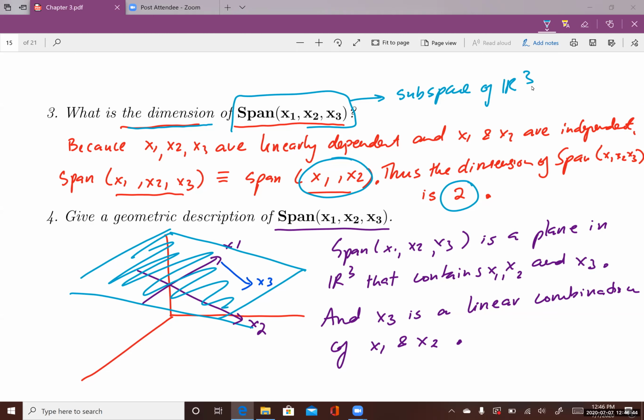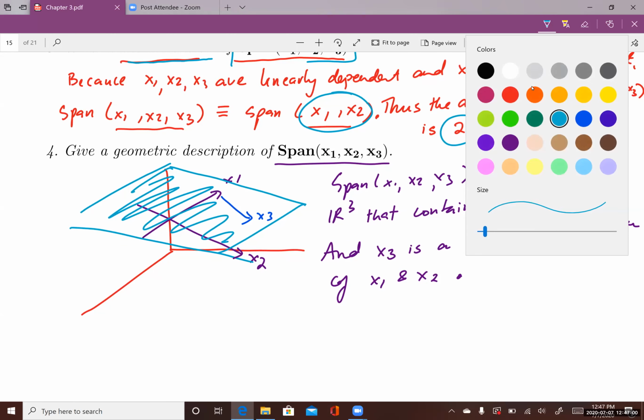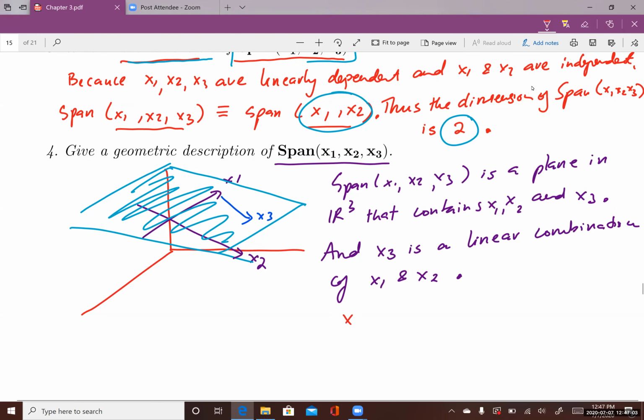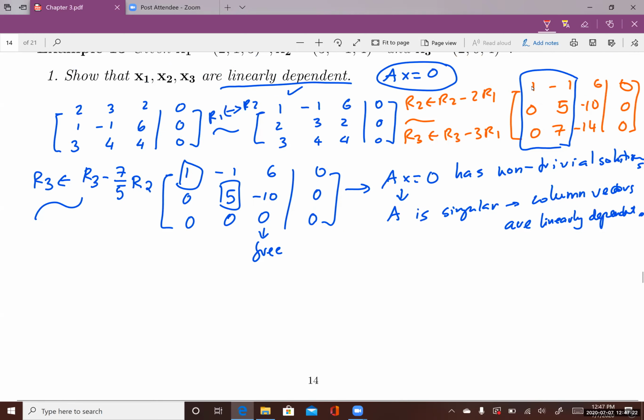In this case, x3 depends on x1 and x2, and you can see that x1 and x2 are the directions of the space. That means x3 is a linear combination of x1 and x2. Furthermore, the relation is x3 equals a1 x1 plus a2 x2. So you can figure out a1 and a2 so that x3 is a linear combination of x1 and x2.